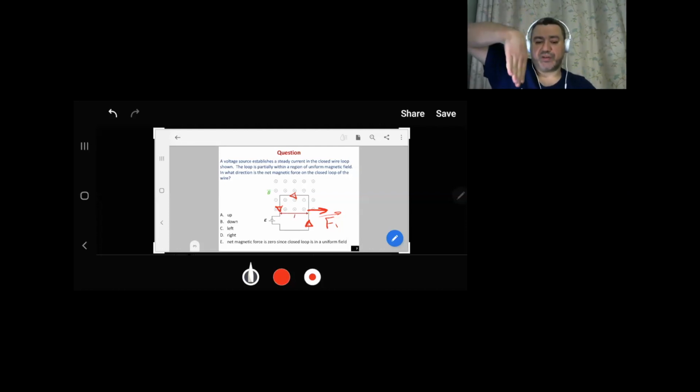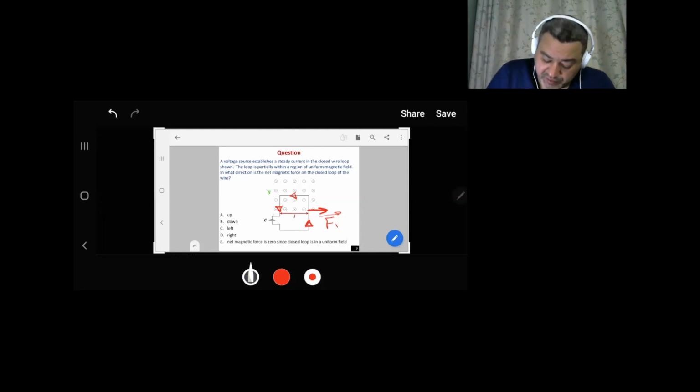If I have my fingers pointing downward and I am curling toward the magnetic field, then the force will be in this direction. And in this case, it would be pointing in this direction.